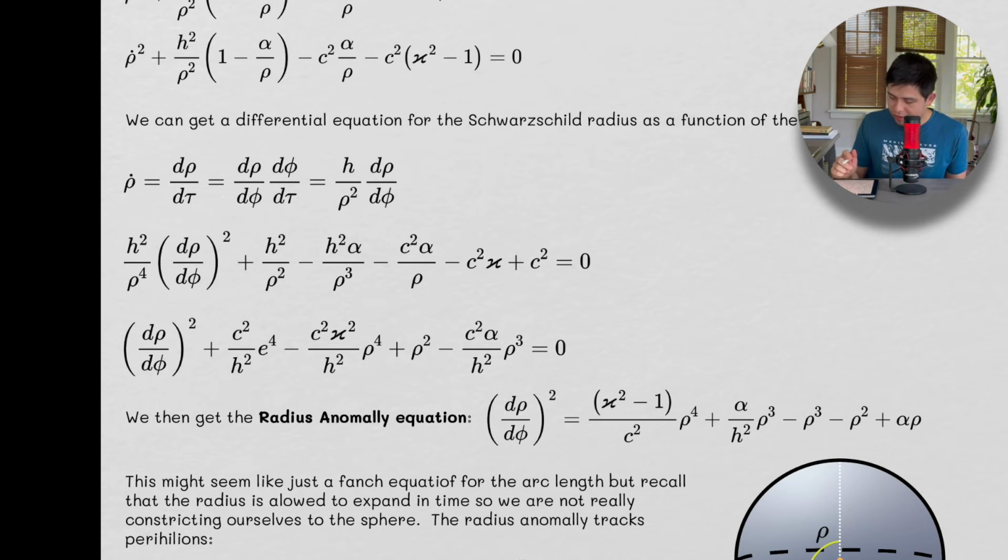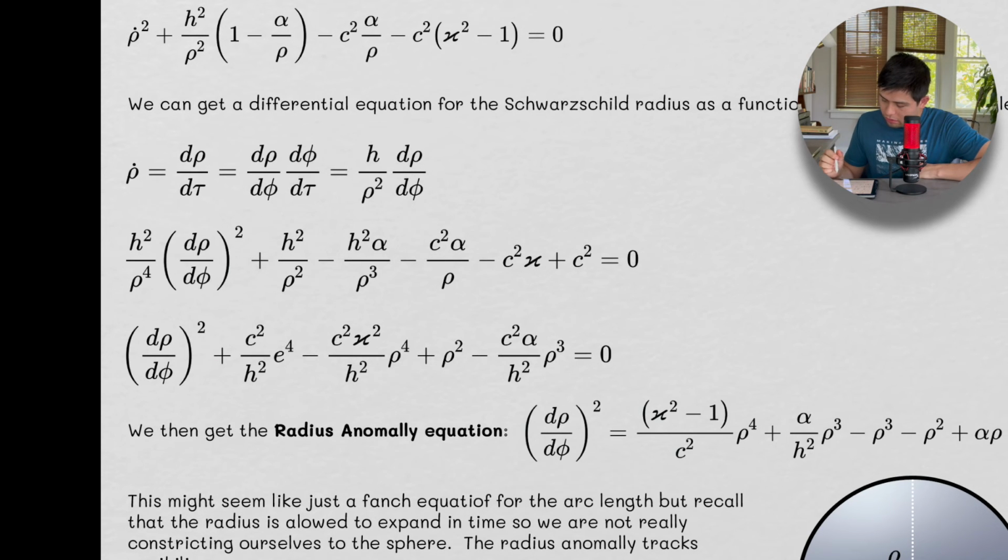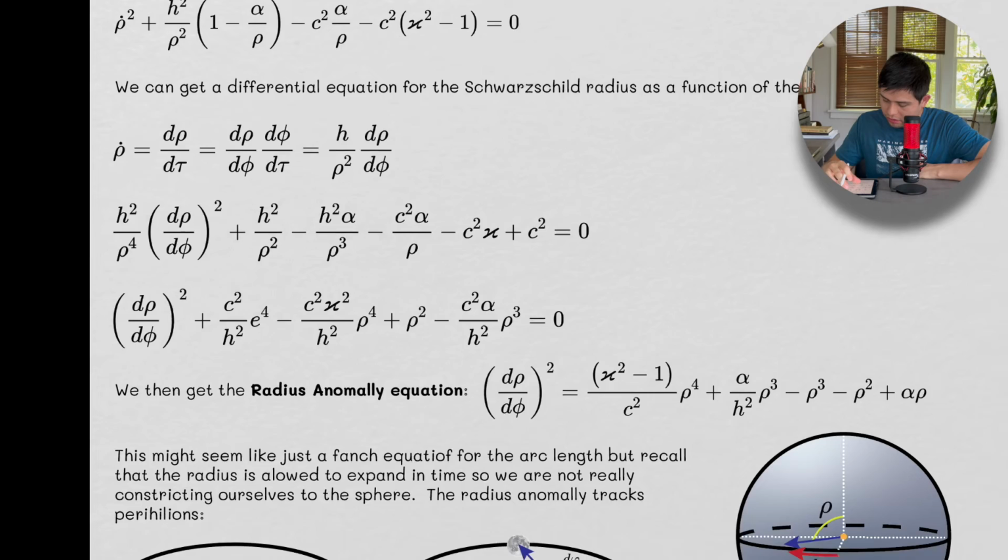Well, this is interesting now because we're saying that this here is equal to this by means of this. And so what we can say is that this here is equal to, let's see here.